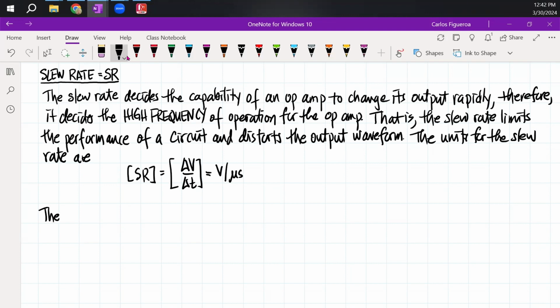The slew rate of the 741 is max of 0.5 volts per microsecond.